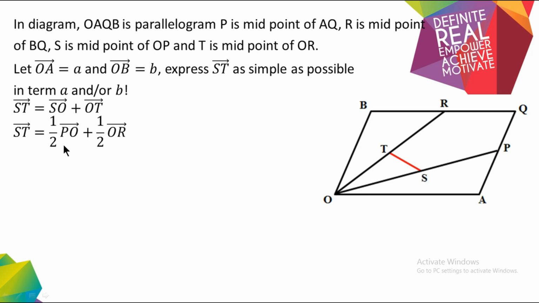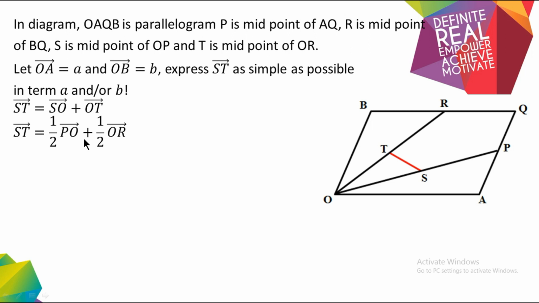So you can see here. And vector OT is a half of vector OR because T is the midpoint of OR. So ST equals a half of PO plus a half of OR.